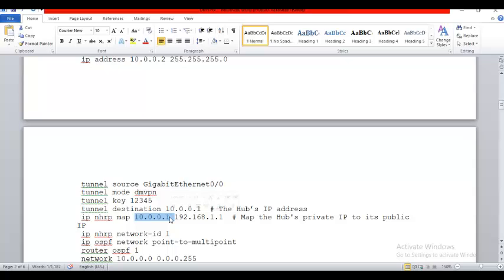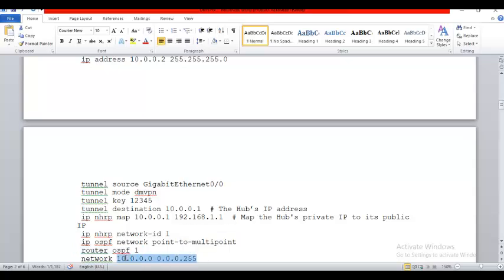And next is this one, same thing what you gave on the hub, you should give here. Like a key ID for the tunnel, this is the ID for the NHRP network. And this one you already saw there. This one you already saw there. So the difference here is this command and this command.